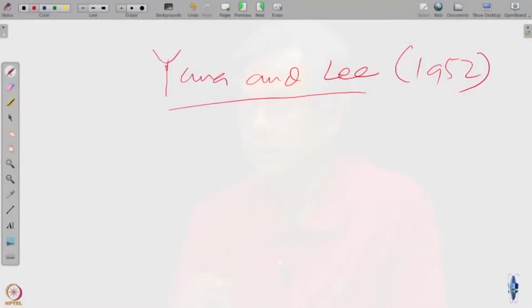Then these two gentlemen got the Nobel Prize for their work on parity, but in 1952 they wrote two Physical Review papers one after another where they mapped Mayer's theories. So, they connected the Ising model with Mayer's theory, and they showed that the cluster integrals that we do in Mayer theory can be expressed in terms of zeros of the grand canonical partition function.